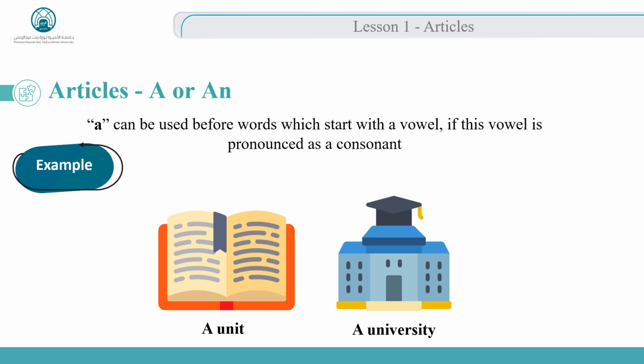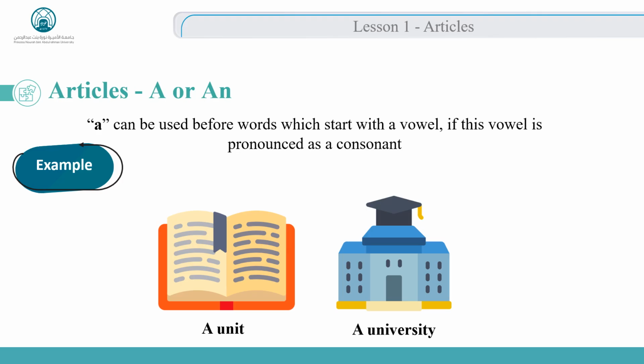A unit, a university. So, although unit and university start with U, we use the a. We didn't say an unit or an university. No, we said a unit, a university. Why? Because we pronounce the U as "yoo", which is a consonant.